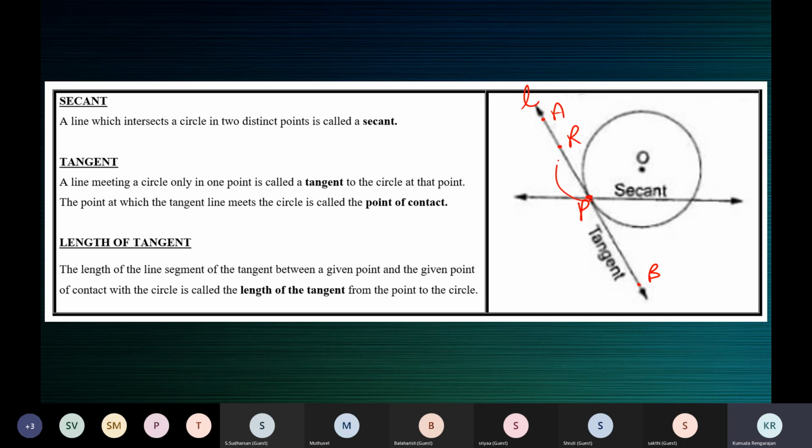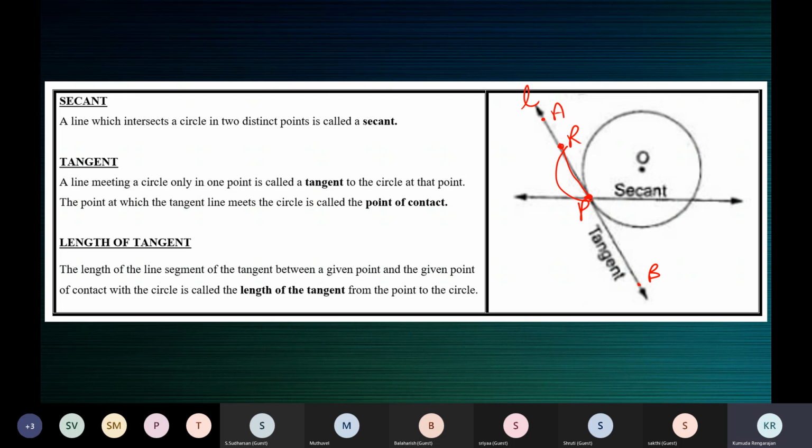So now PR, that is the length between the point of contact and any other point on the tangent, is called the tangent segment. The length of the tangent segment, or the length of the tangent. Because sometimes we don't use the word tangent segment, we simply say length of the tangent.